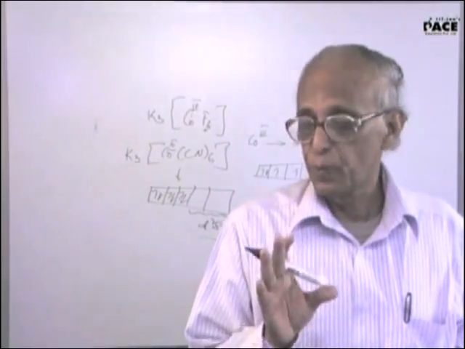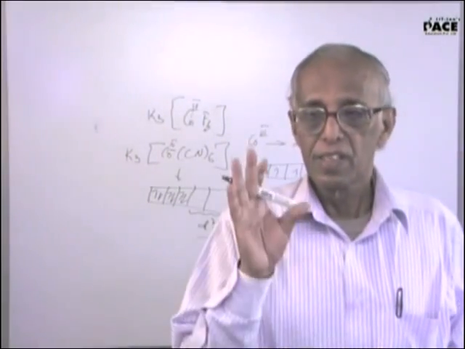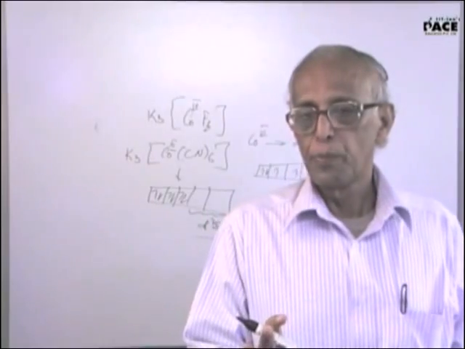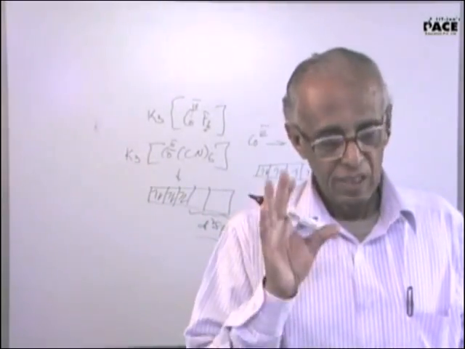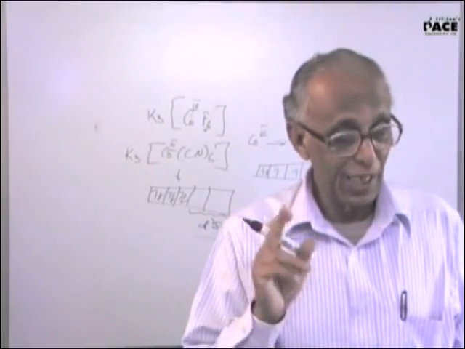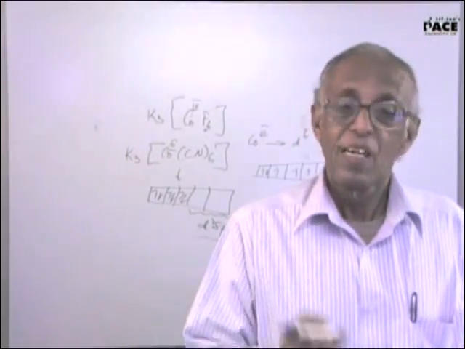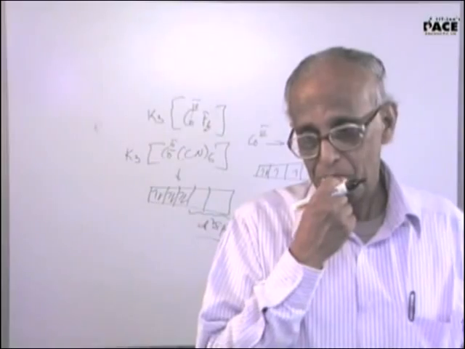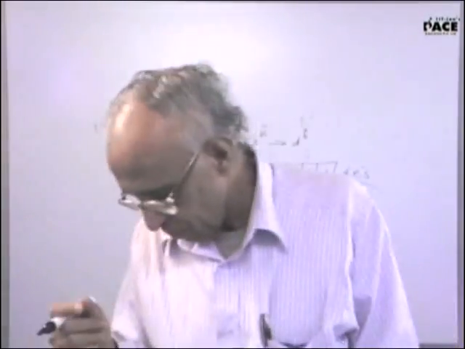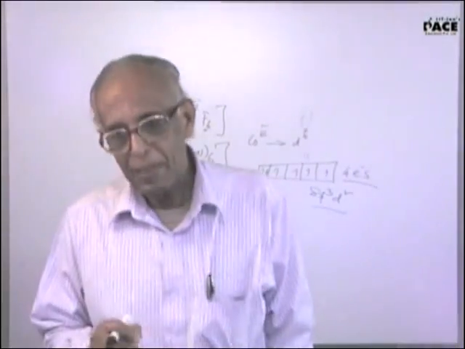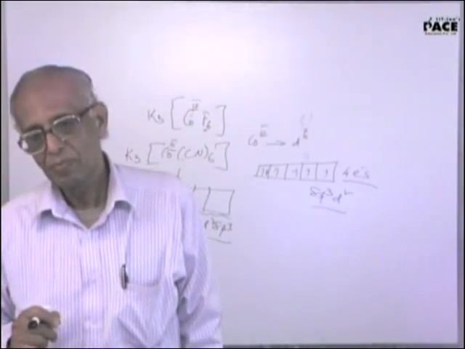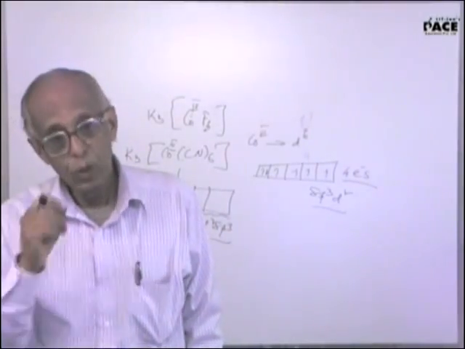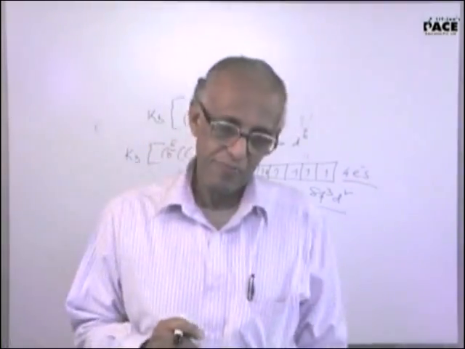And normally they are weak field ligands. They will not provide the pairing energy. Normally, I will tell you now why. Whereas pi acceptor ligands will stabilize the metal in low oxidation state.